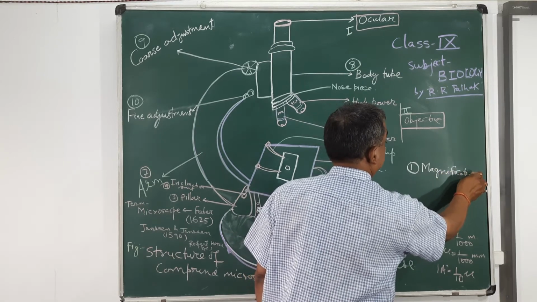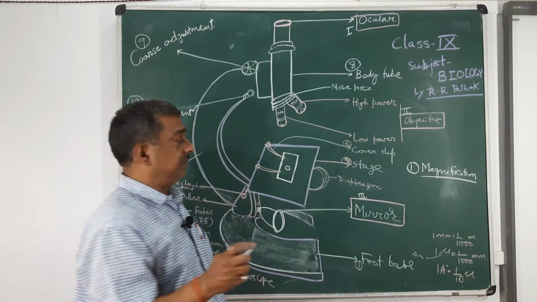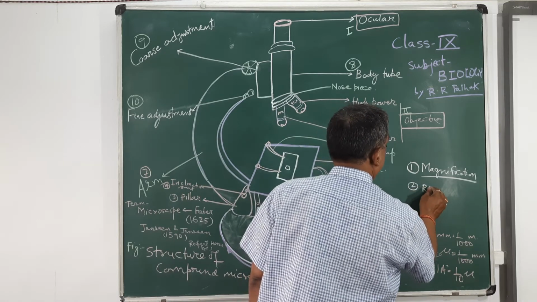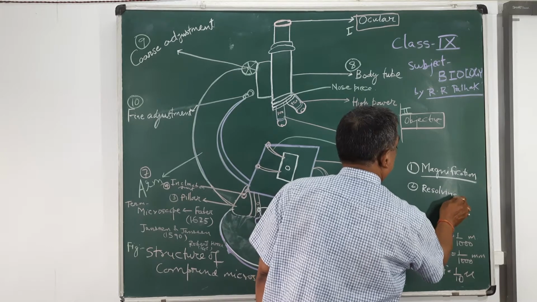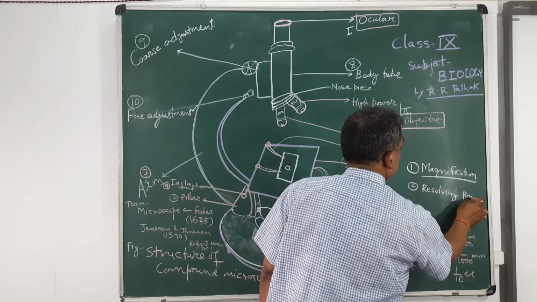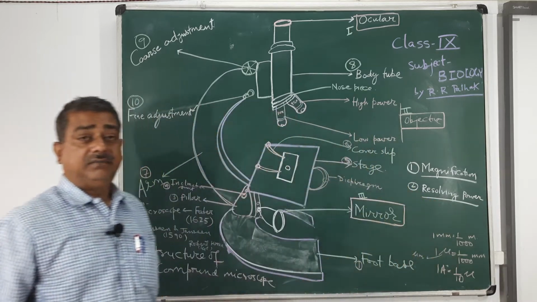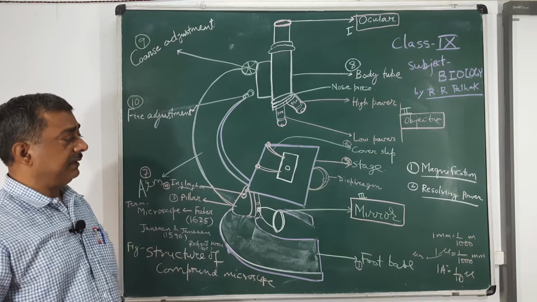Another important function of the microscope is resolving power. So these two important functions are performed by a microscope: magnification and resolving power.